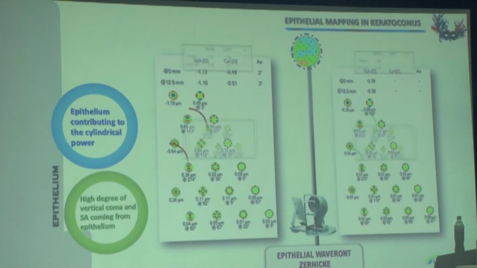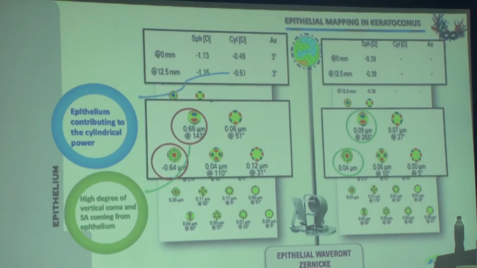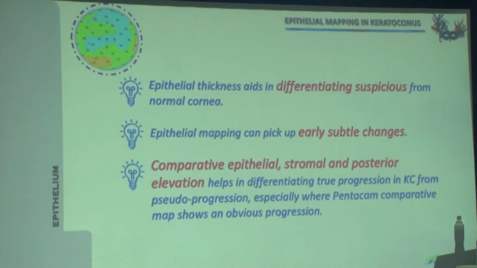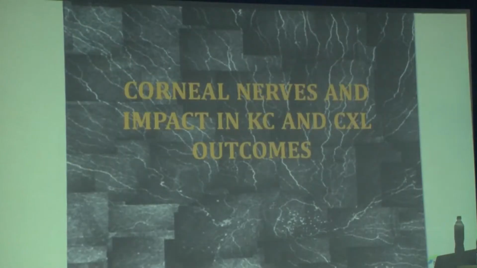So yes, this does help you in identifying early keratoconus cases. In frank keratoconus cases, you do know that the aberrations are on the higher side, but epithelium can help us in differentiating suspicious from normal corneas, and it can also help us pick up early subtle changes in these cases. So that does have an important role.